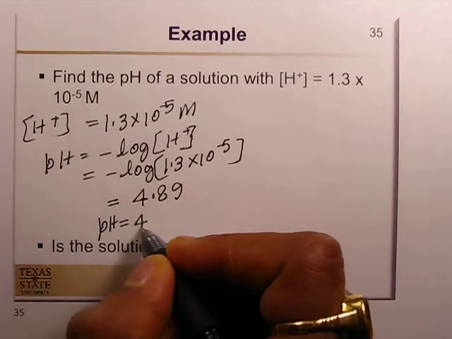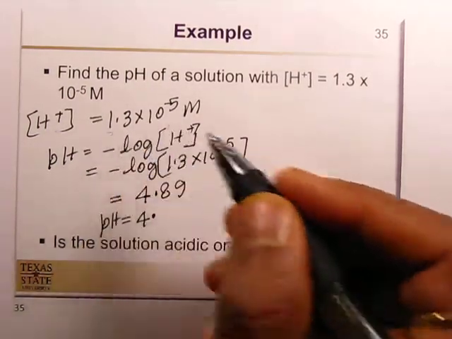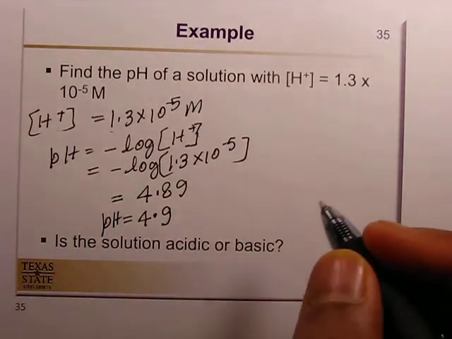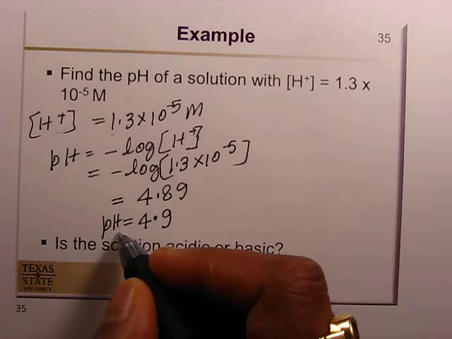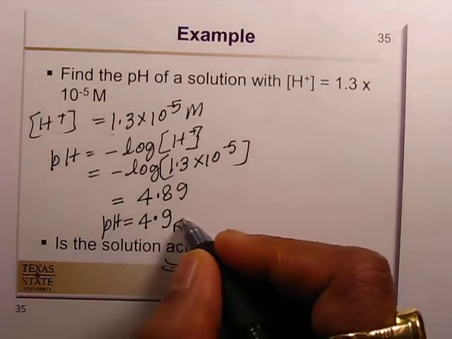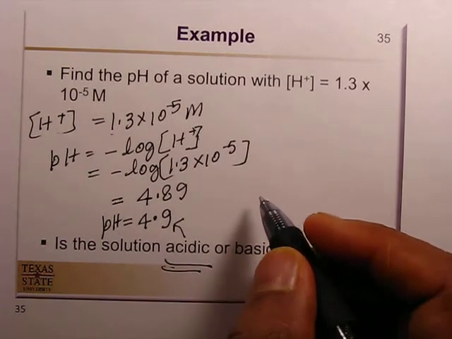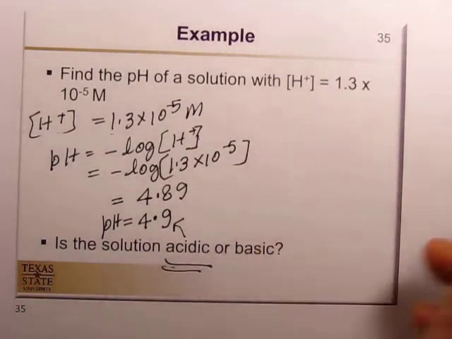Because here there are 2 significant figures, we write 2 decimal places. So will this solution be acidic or basic? Basically pH is below 7, so this solution will be an acidic solution. So this is the way we can calculate the pH of this concentration.